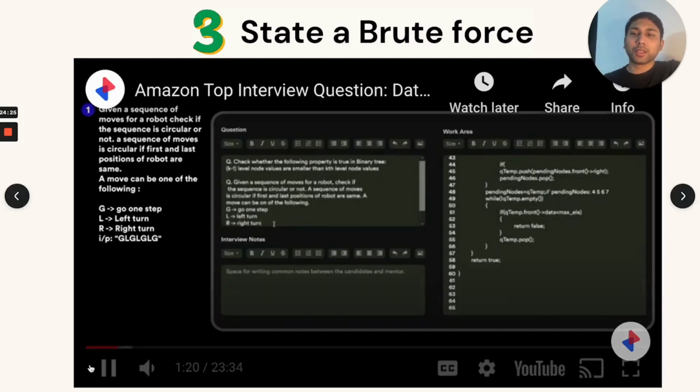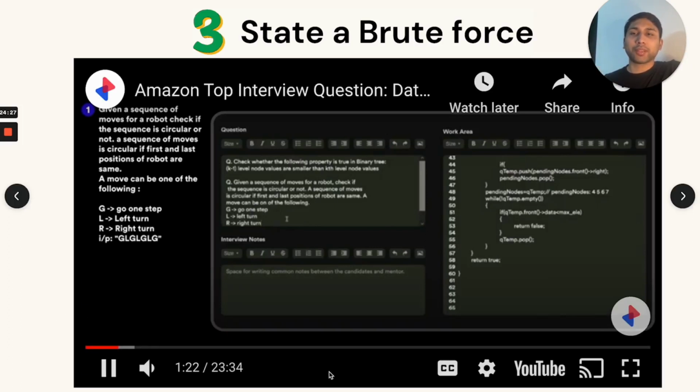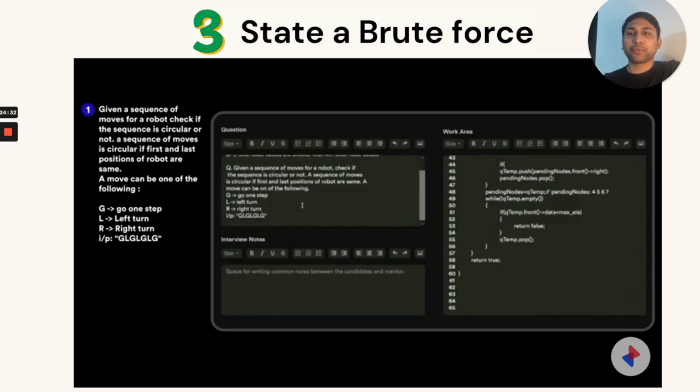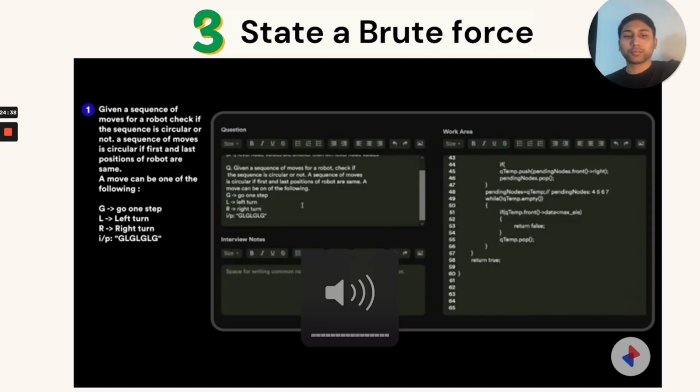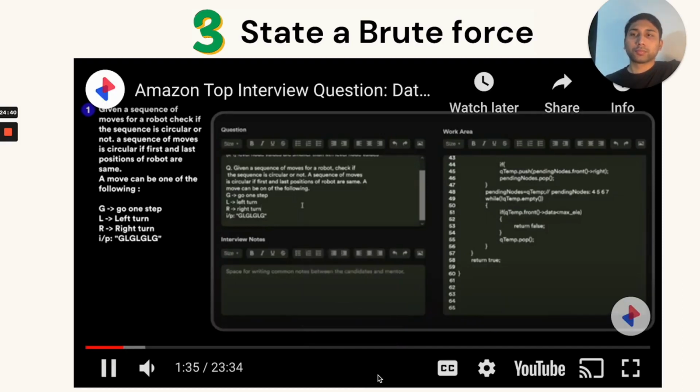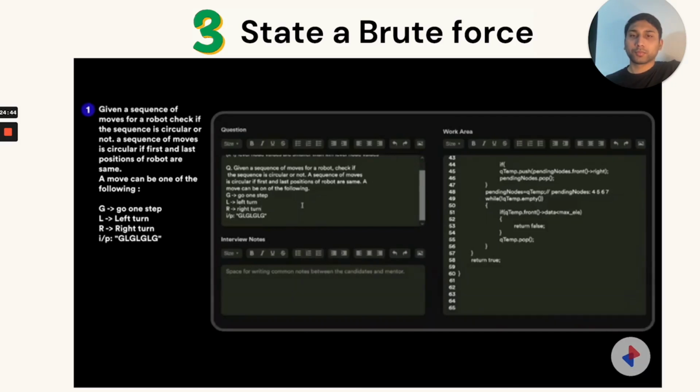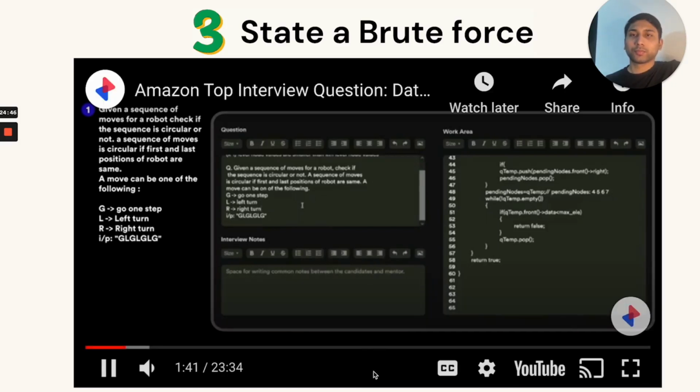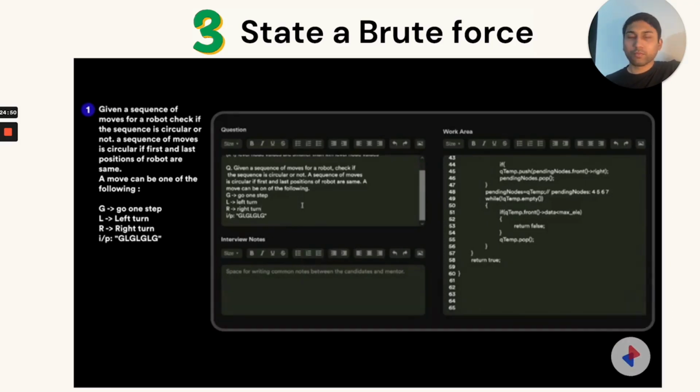I robot scroll to the right part, and you need to check whether the sequence is circular or not. The definition of circular is given, and the moves can be made in a 2D plane. Sure, a 2D plane may not be a matrix. Okay, so he is in a 2D matrix. So initially, what direction is he facing and where is he?